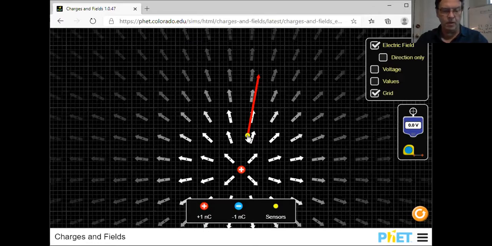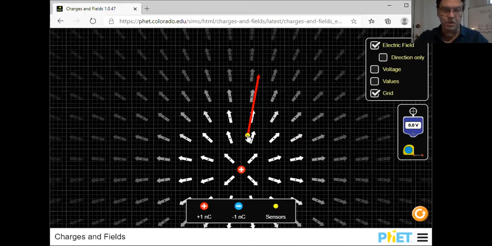So I'm on number 2, the second paragraph. It says, move the sensor around and observe how the electric field is different in magnitude and direction at different locations. Summarize what you observe and how the magnitude of the electric field depends on the location below. I wrote the closer the sensor is to the charge, the greater the length of the electric field vector, and hence the greater its magnitude. The further away the sensor, the shorter the length of the electric field vector, and hence the smaller its magnitude.